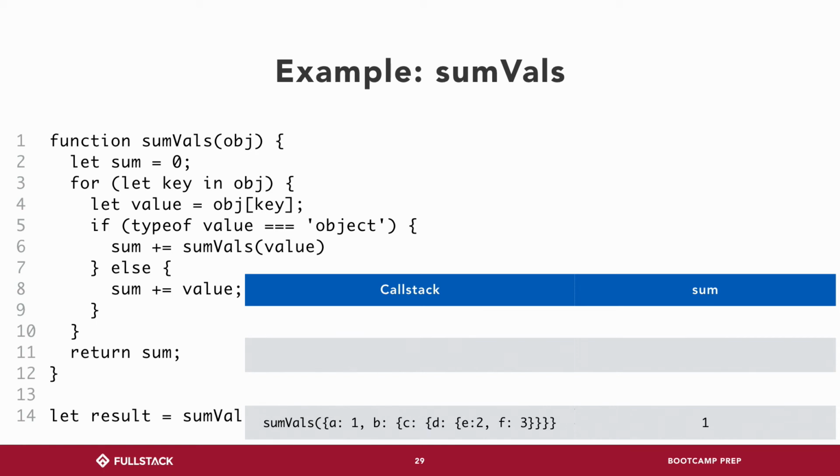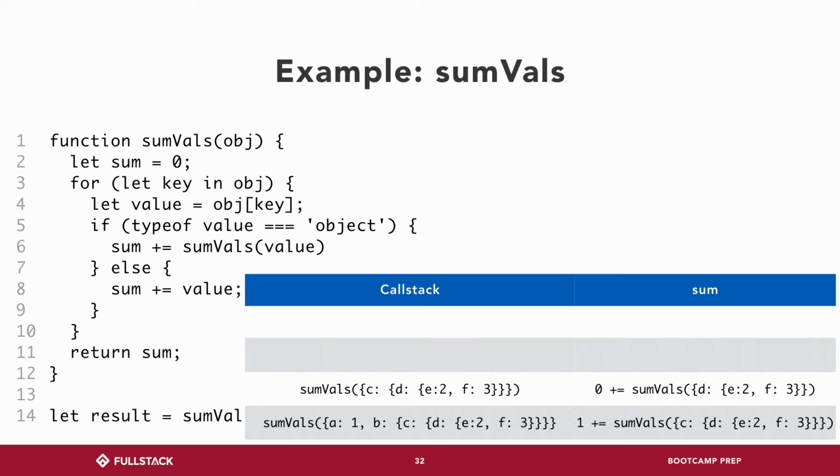And then we're going to do the next object, which is sumVals of the object with key C. Well, the sum is 0, but C doesn't return a value. C's type of value is object. So again, we call sumVals of the nested object.